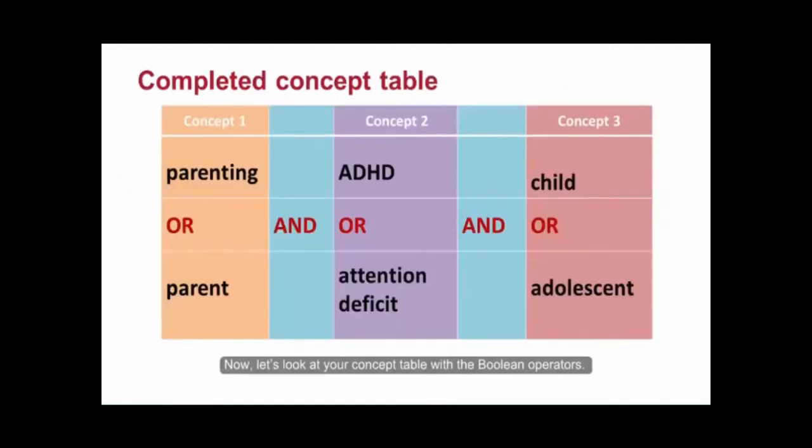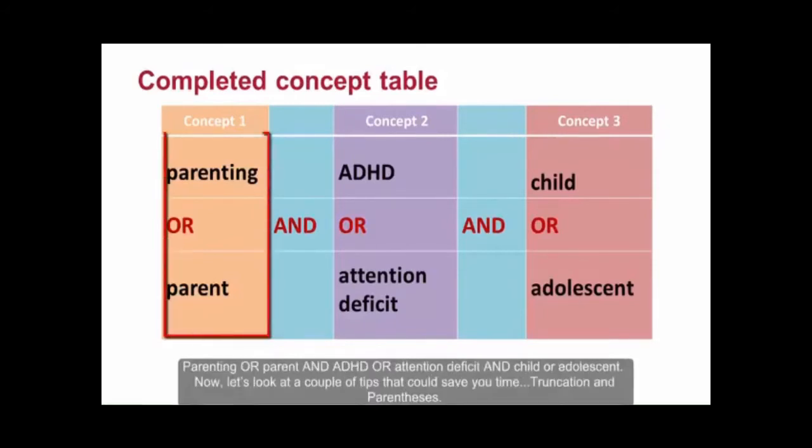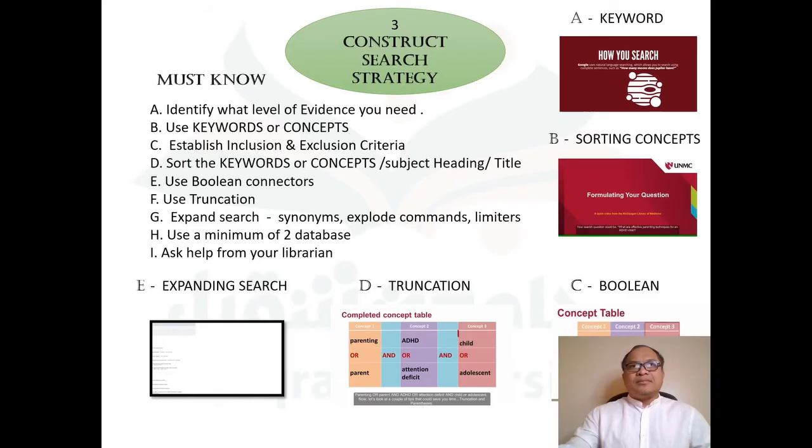Now let's look at your concept table with the Boolean operators. You can read the concept table from left to right, with each colored column representing a different part of your search string. Parenting or parent, and ADHD or attention deficit, and child or children.